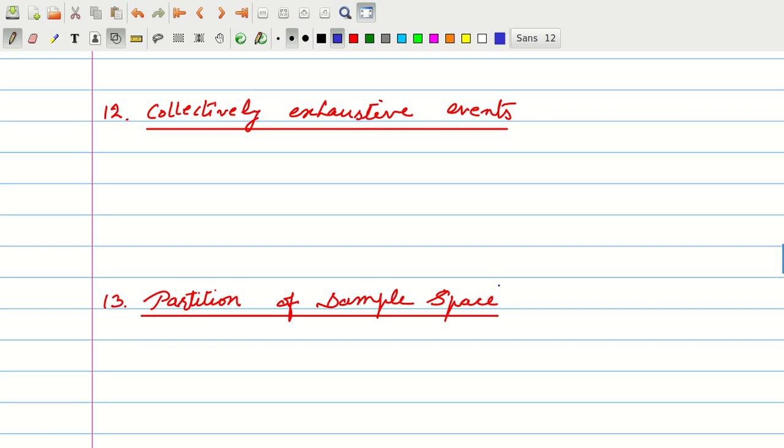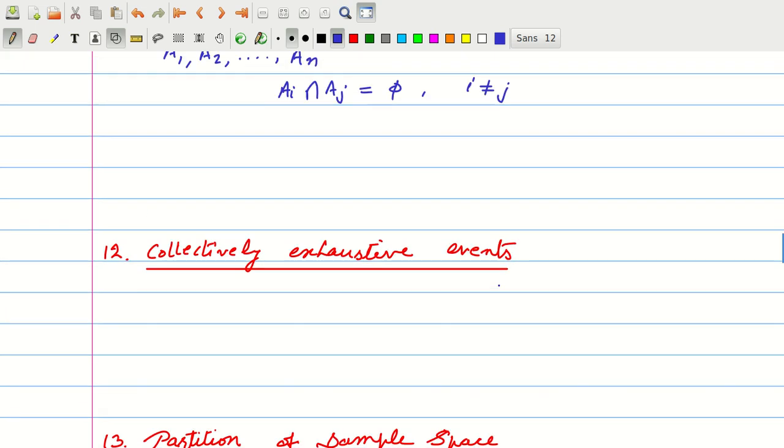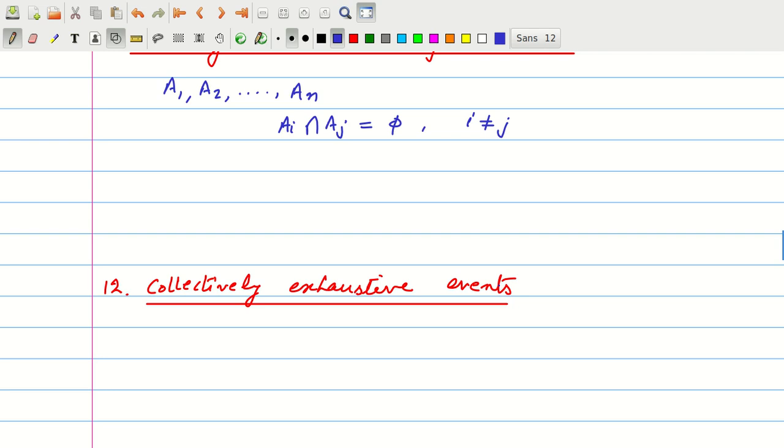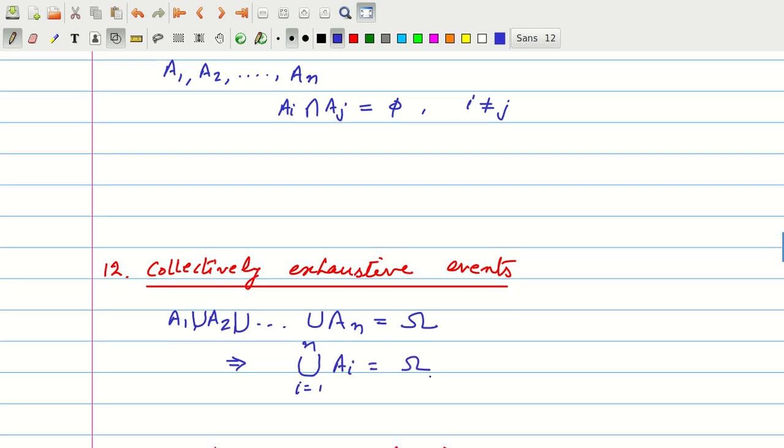The next term is collectively exhaustive events. Events are said to be collectively exhaustive if their union makes up the sample space. For example, if we have n events A1, A2 up to An, then they are said to be collectively exhaustive if their union is equal to the sample space. More succinctly, we can write union i equal to 1 to n, Ai equal to omega.